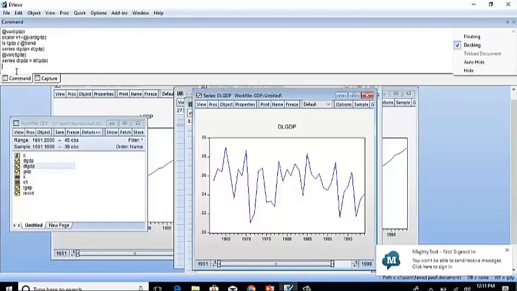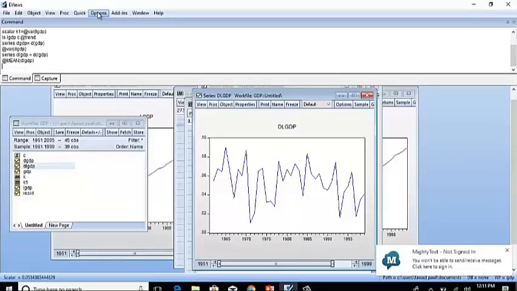Let's check in a numerical way. Let's check the mean first: @mean(DLGDP). It shows 0.005. It's not equal to 0, but it approaches 0, so the mean is effectively 0.